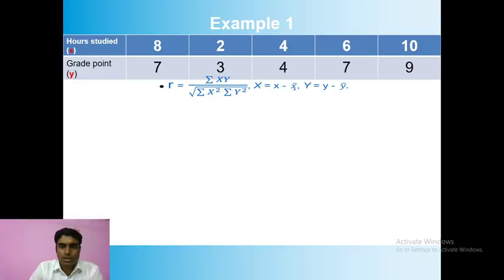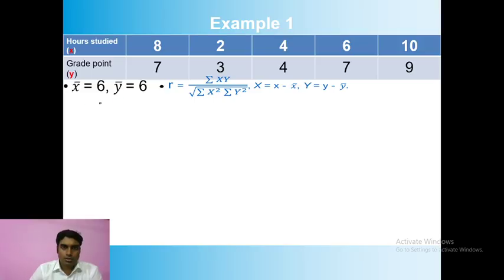I first have to find x bar, the mean of x, to change this to capital X. So x bar will be the sum of all the values: 8 plus 2 is 10, plus 4 plus 6 is 10 and 10, so 30 by 5, that is 6, so x bar is 6. Similarly y bar will be 7 plus 3 is 10, 4 plus 7 is 11, so 21 plus 9 is 30, 30 by 5, so 6. So x bar and y bar are both equal to 6.